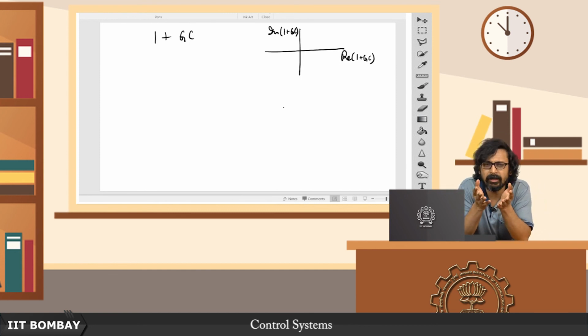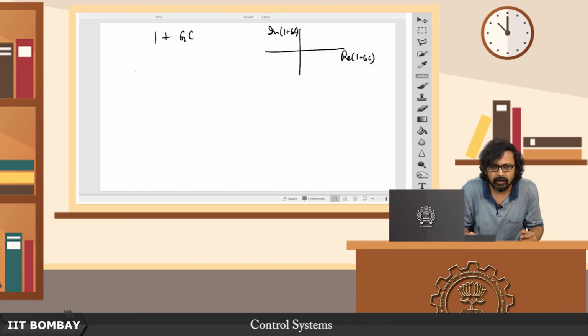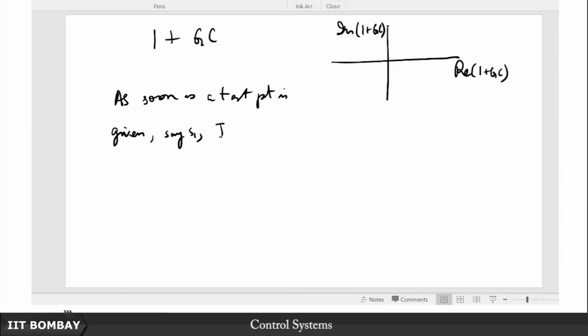So ordinarily, if I am given any S, any test point on the contour, I will pass it through to G and to C, and what I readily get, as soon as a test point, say S1, is given, is that I can evaluate G(S1) times C(S1) immediately.